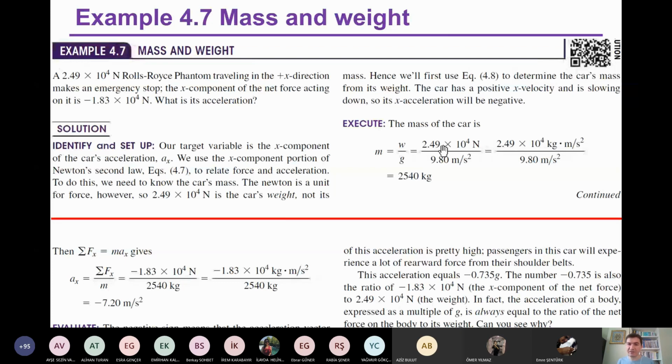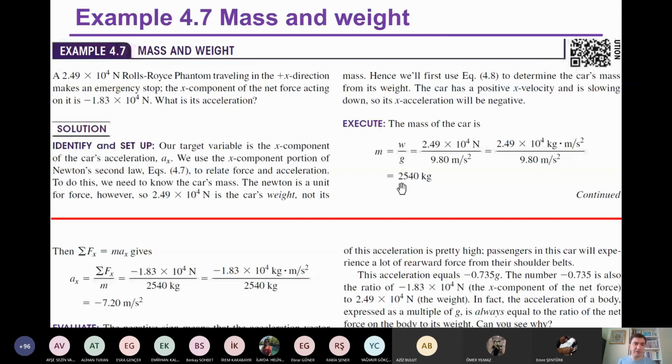Here, instead of Newton, you can write kilogram times meter per square second. Then the square second and meter cancel each other, and this is the unit of the mass, okay? We have found the mass of the Rolls-Royce. It is around 2.5 tons, let's say, or 2,540 kilograms.